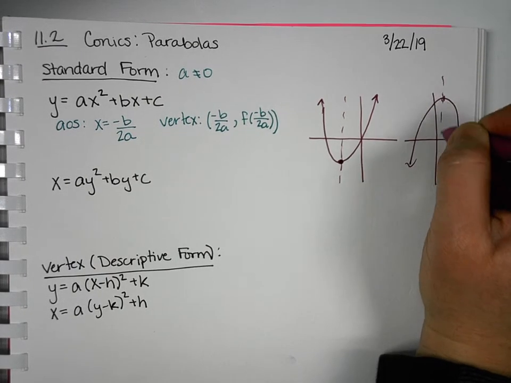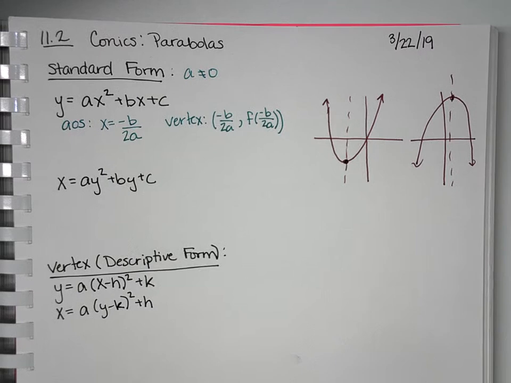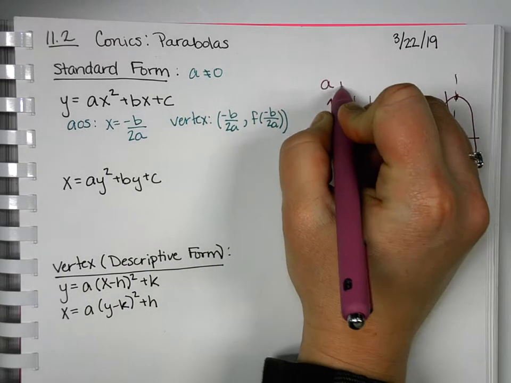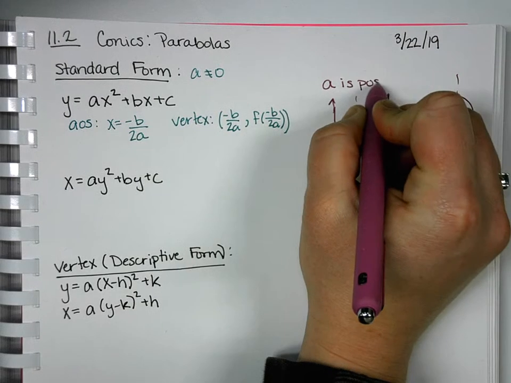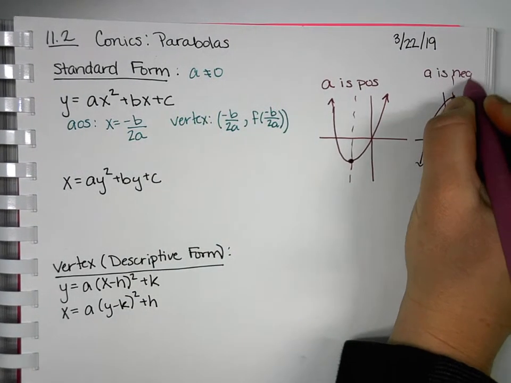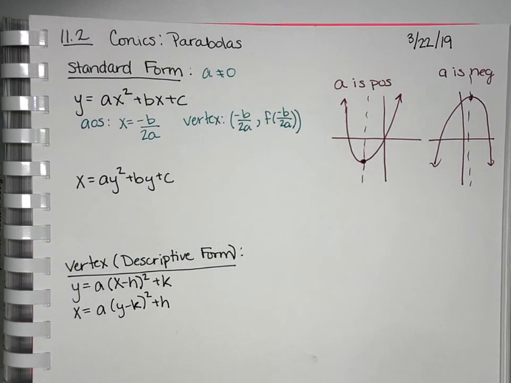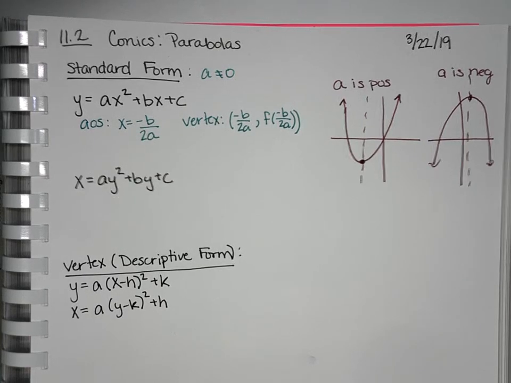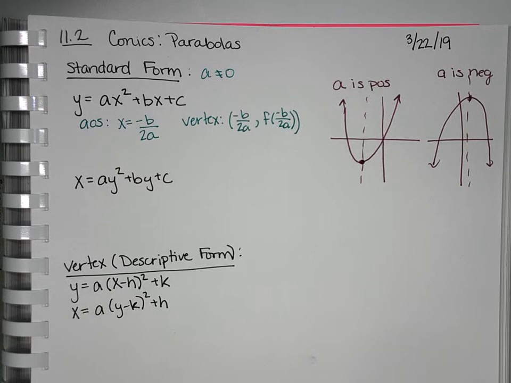Again, with your axis of symmetry going right down the middle. Now the difference, A is positive, A is negative. So depending on what your A is, your graph can either go up or down. Okay, this is what you learned in Math 2. You just stuck with these vertical parabolas.